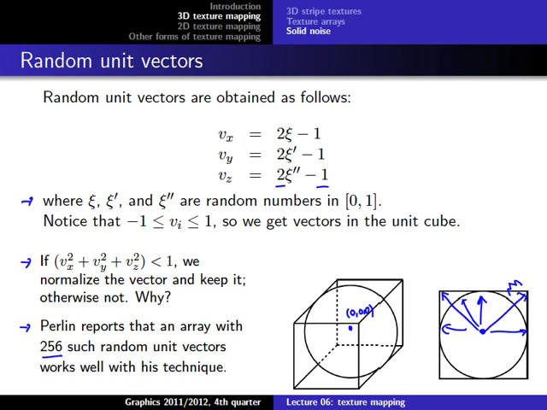You want to keep the number low to be computationally efficient, but the larger your number, the more random values you have, and the more realistic your result looks. So you have to find a compromise, and trial and error and testing showed that 256 is a quite good value that is both computationally efficient and efficient in terms of the quality of the results.